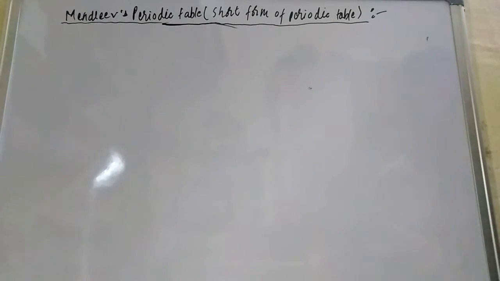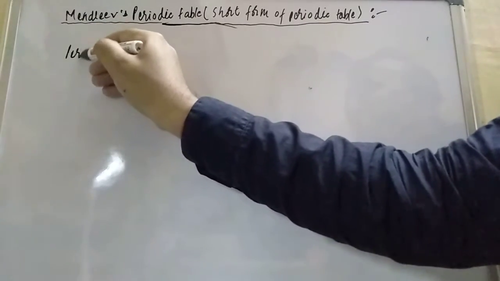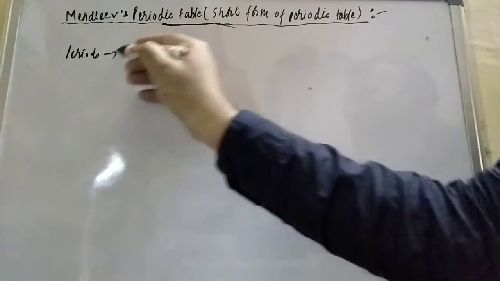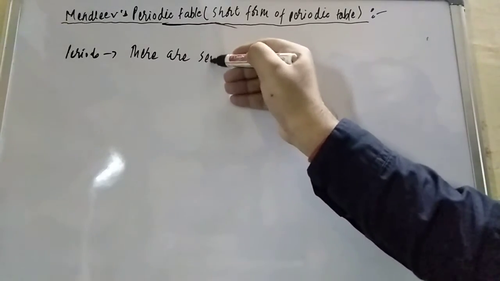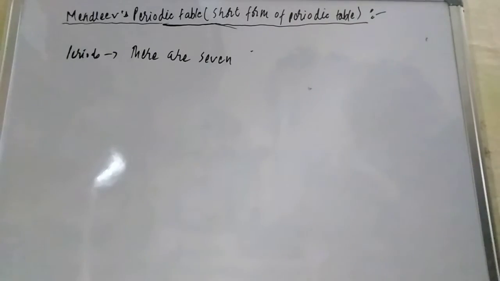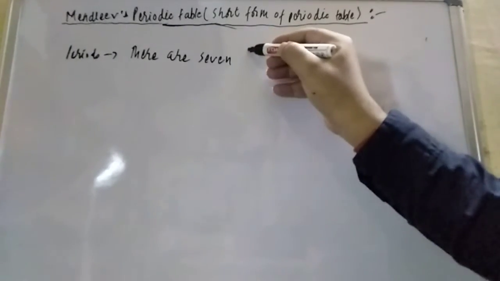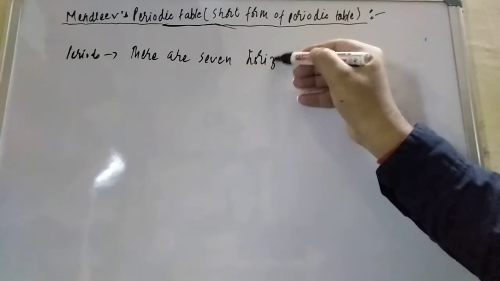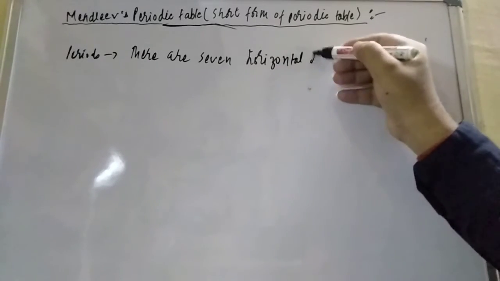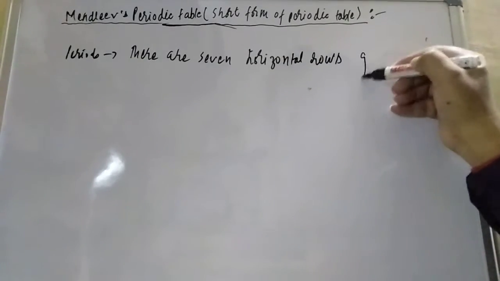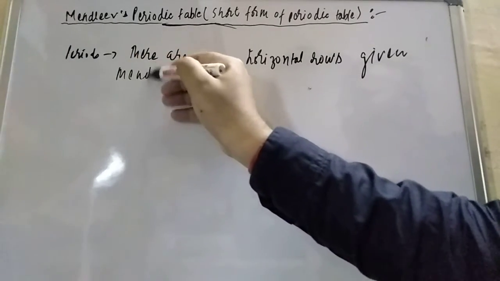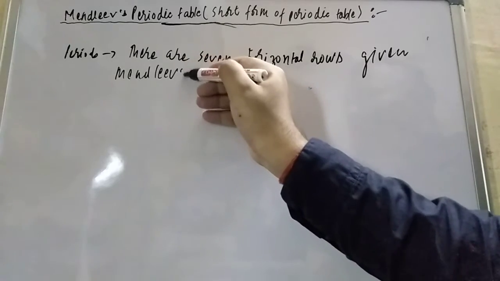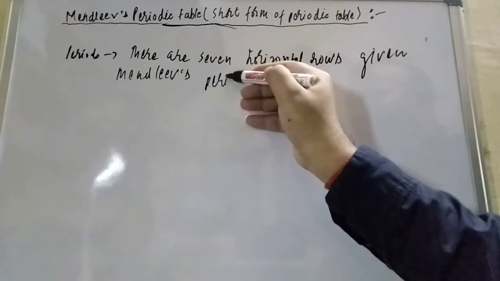When you are talking about periods, there are 7. How much, students? 7. Okay. And what kind of horizontal rows are given in Mendeleev's periodic table?